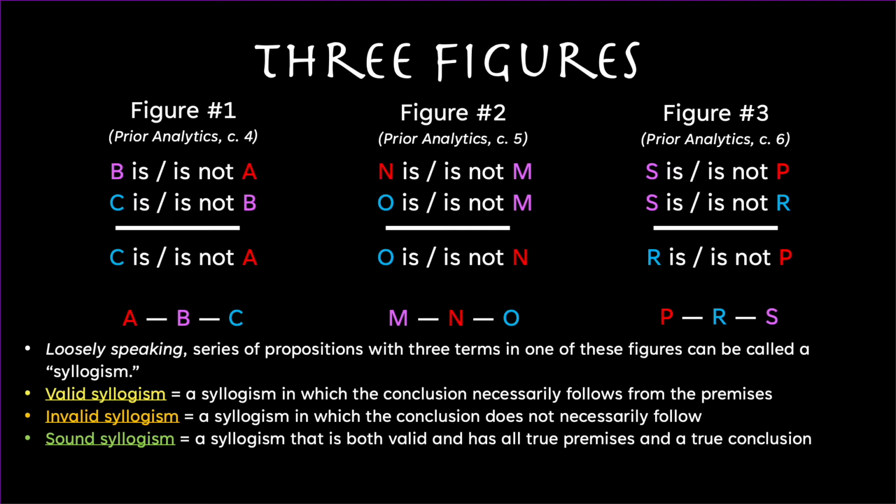It only matters that the conclusion follows necessarily on the supposition of the premises. Nevertheless, with a sound syllogism, it's not sufficient that the conclusion follows from the premises; the conclusion must also be true. For the purposes of this video, we're going to ignore sound syllogisms and just focus on whether or not syllogisms are valid or invalid.